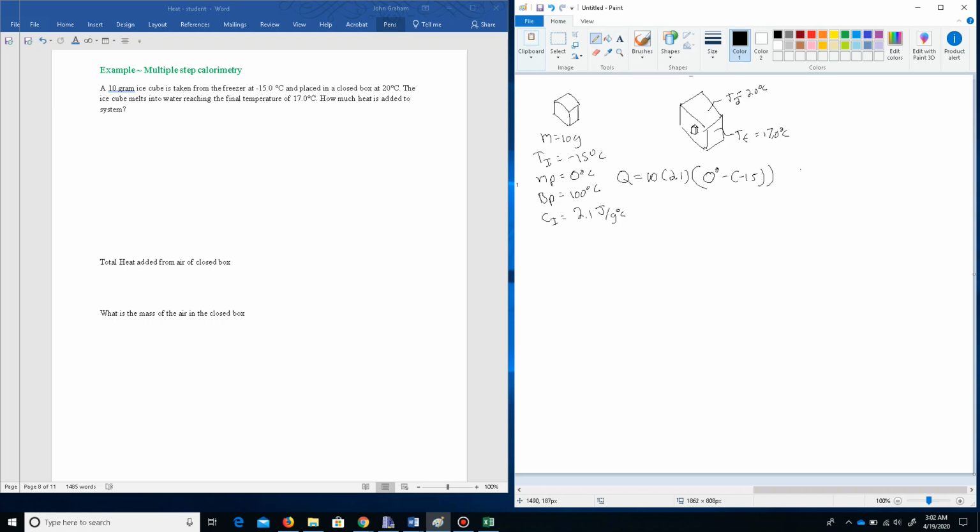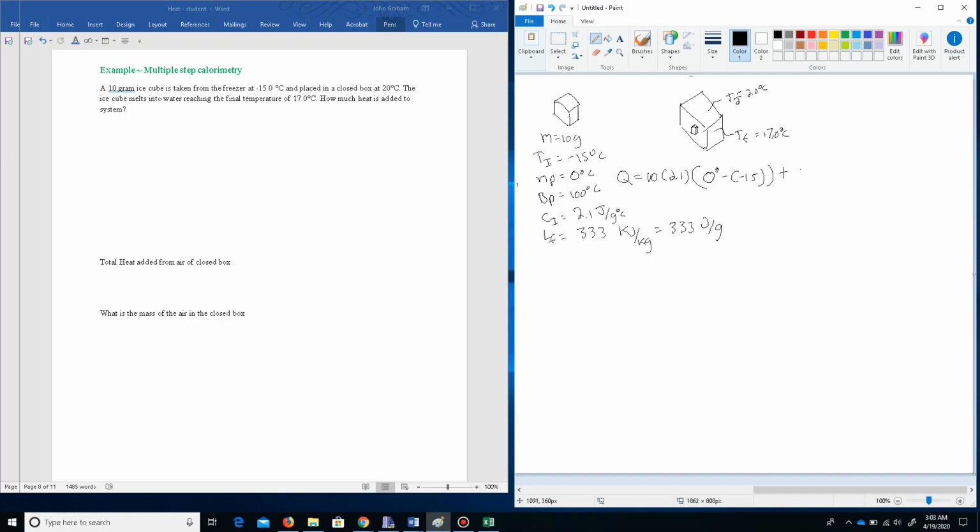Then it's going to melt at 0 degrees. So that melting, latent heat of fusion, we need. And for ice, it's 333. And here I want to show you a little trick. Kilojoules per kilogram, which is also 333 joules per gram.